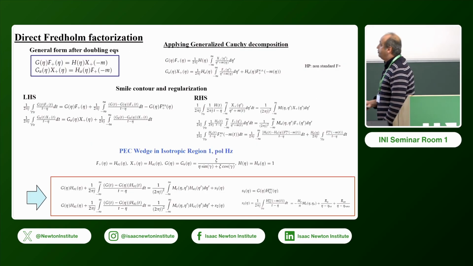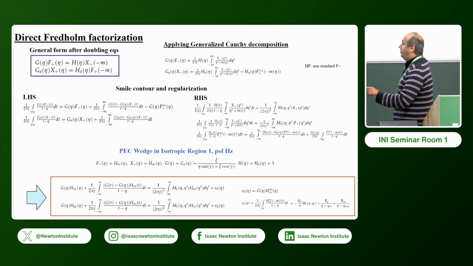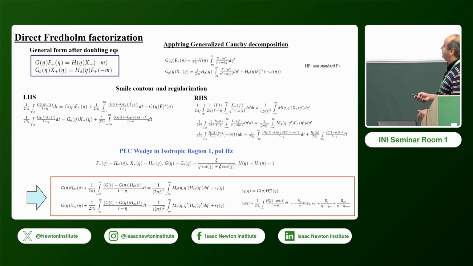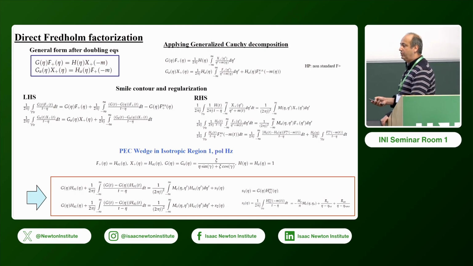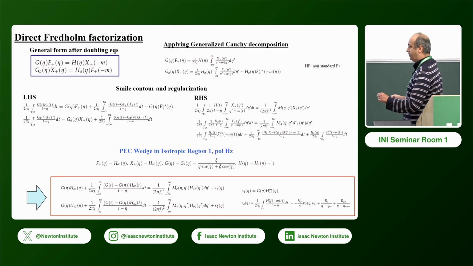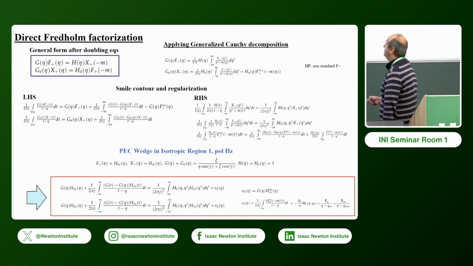We can separate the polarization in this case, but now I want to introduce the direct Fredholm factorization. If we look at the functional equation and its duplicated one, you have this system of equations. So you have the plus unknown here in eta, plus unknown here, it's like phase O, phase A, phase O, so they are interchanged.